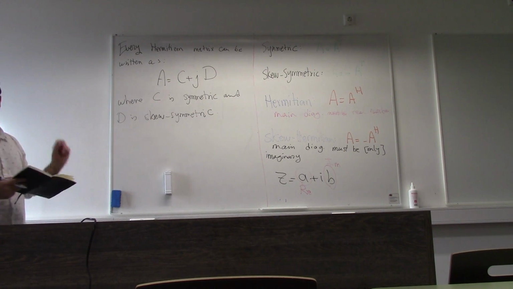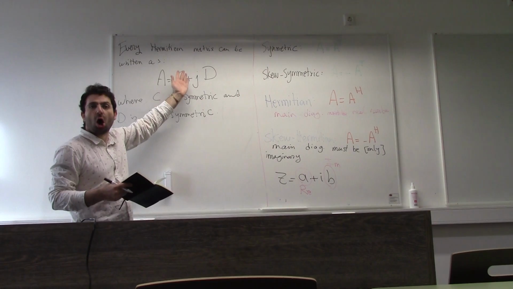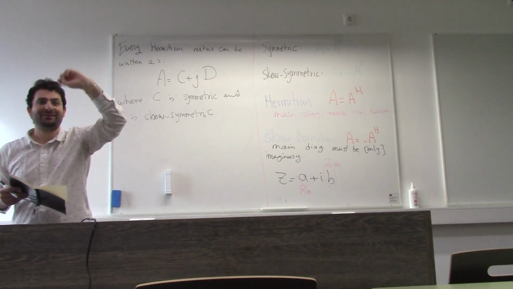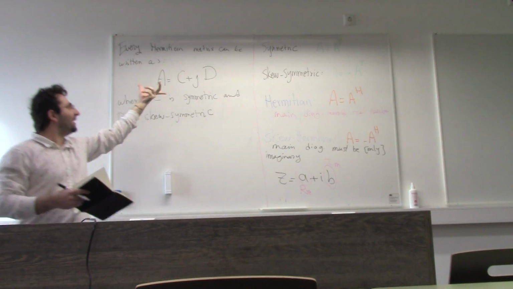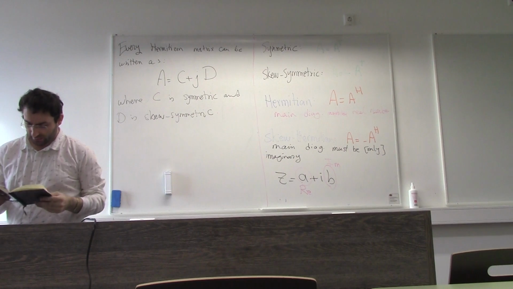Remember, we are using the words symmetric and skew symmetric, which means that C belongs to R n by n, and D belongs to R n by n. They are not complex numbers. The addition results in a complex number, but C and D are real.